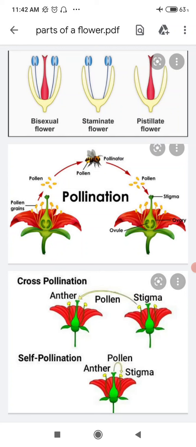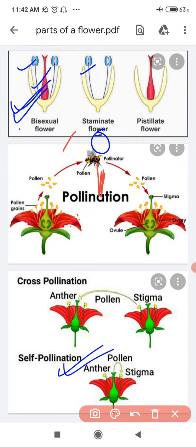See the picture. This is self-pollination. Now, second, cross-pollination. Pollination which takes place between two flowers present on two different plants of the same species is called cross-pollination. So, there are two types of pollination, self-pollination and cross-pollination.